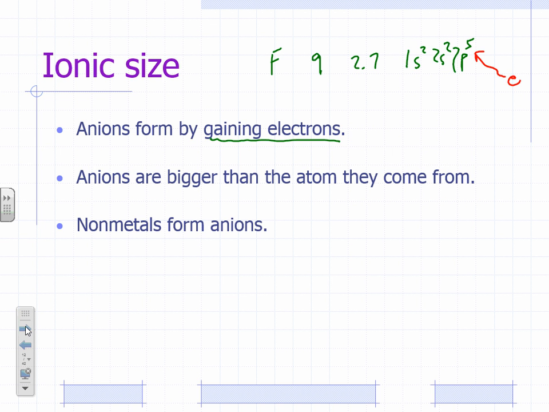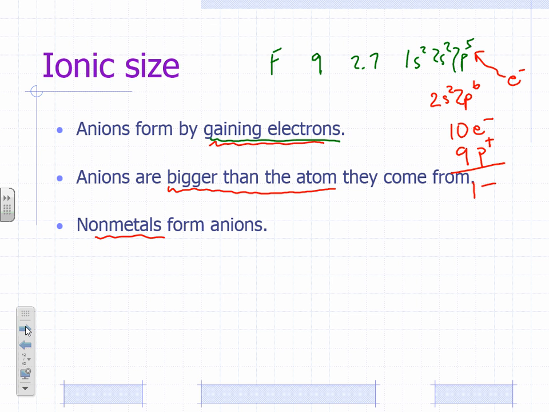An electron will come in and form a configuration of 2s2, 2p6. So it now has 10 electrons. It still has 9 protons, so it now has a charge of 1-. So anions form as a result of gaining electrons. And in gaining electrons, they get bigger.